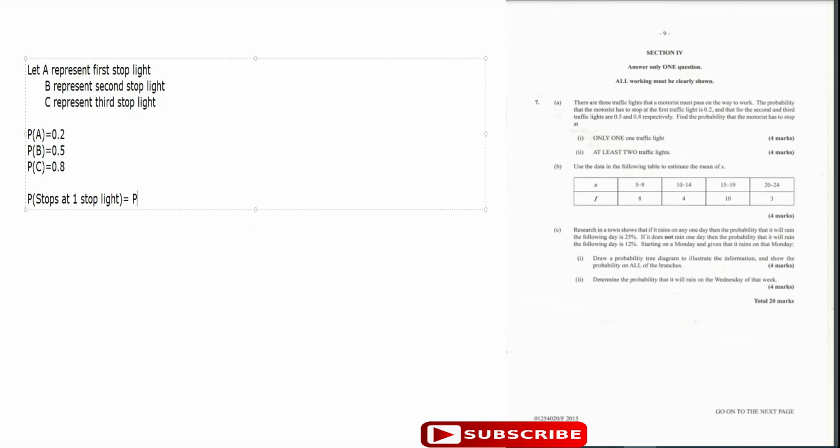It's going to equal the probability that he stops at A but not the others, plus the probability that he stops at B but not the others, plus the probability that he stops at C but not the others.